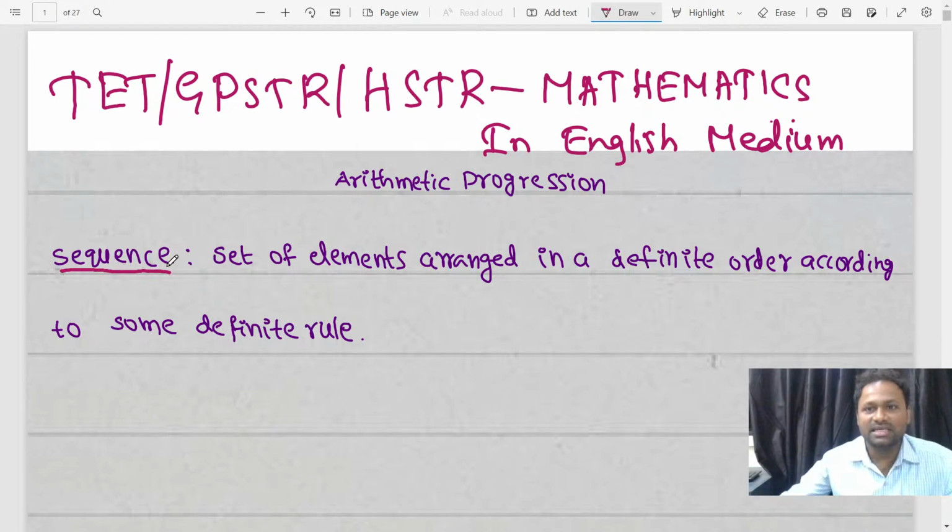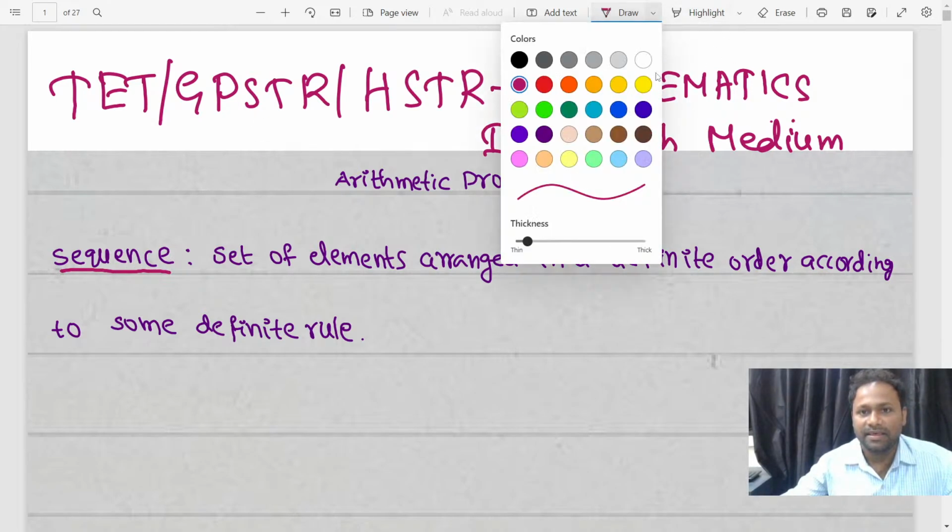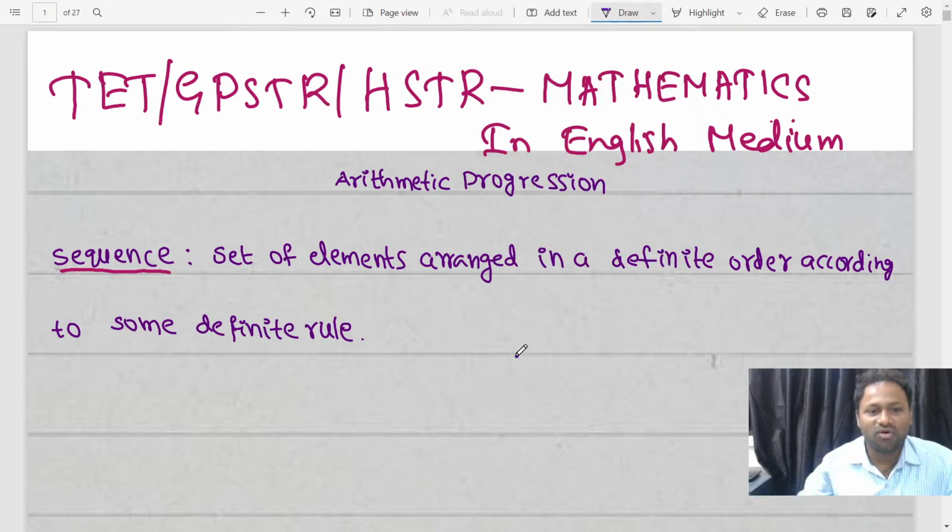Sequence is nothing but a set of all elements arranged in a definite order according to some definite rule.